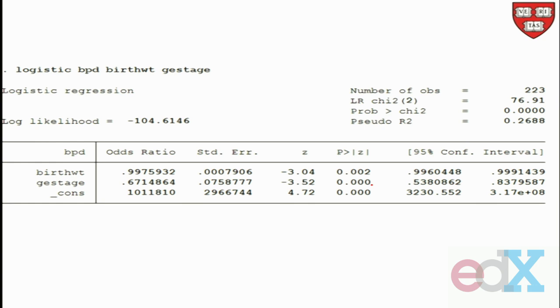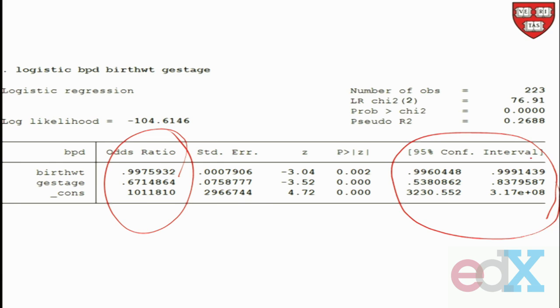We could have done it with the logistic command, and we see that now instead of 0, 1 is our null value for the odds ratio, and none of those confidence intervals has a 1 in it, and so these are all important. Also, these odds ratios are all less than 1.